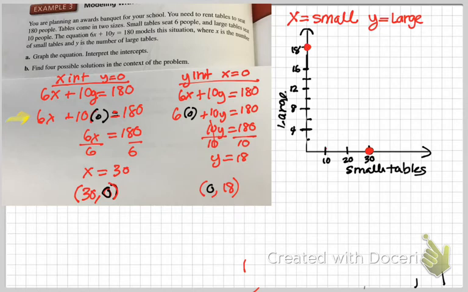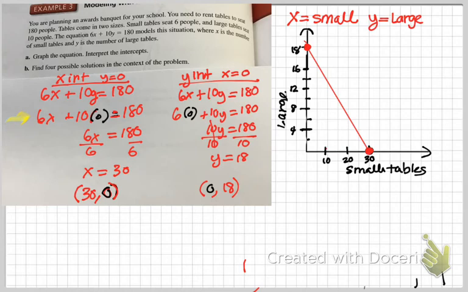Then I can connect the points. My graph does not go beyond those boundaries. All right, so now I've graphed the function using my intercepts, and now I have to interpret the intercepts.